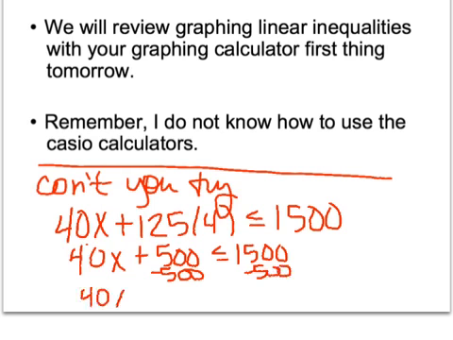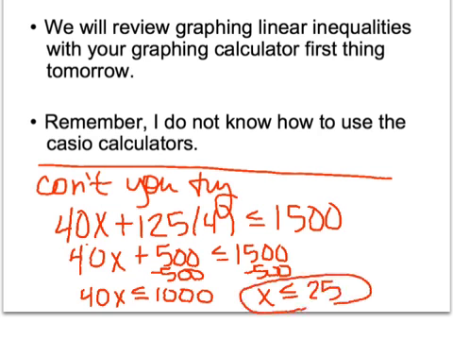I get 40x less than or equal to 1,000. Divide each side by 40. X is less than or equal to 25. No more than 25 small prizes can be awarded.